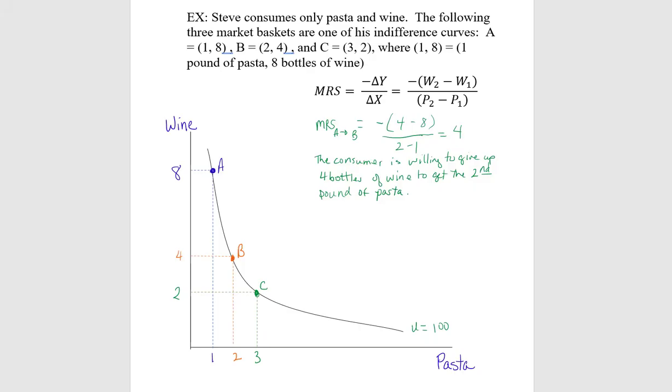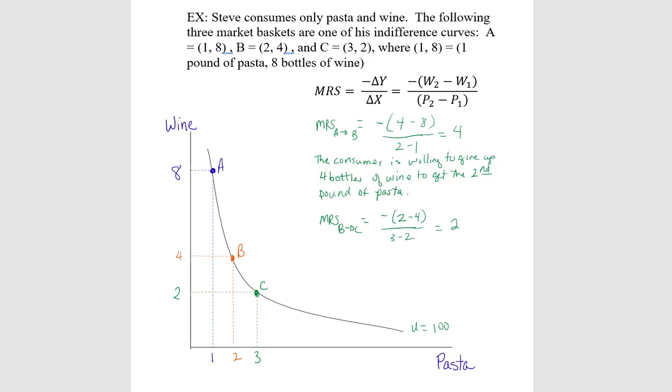What happens, though, when he goes from point B to point C? So let's calculate the marginal rate of substitution between points B and C. We have minus, he ends up at 2. He started out at 4 bottles of wine. He ended up at 3 pounds of pasta. He started out at 2. So we get minus a minus 2 over 1, or 2.